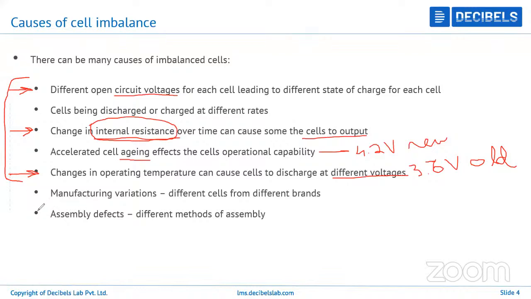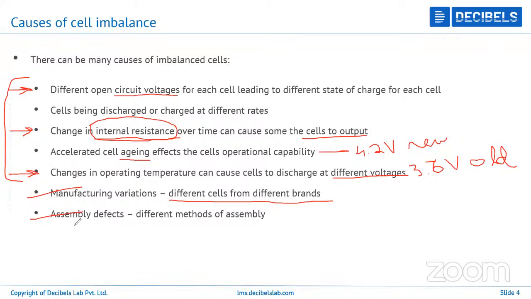Coming to uncontrolled factors, something which not much can be done about, that would come under manufacturing defects and assembly defects. During manufacturing there will be different cells from different brands being manufactured, and the manufacturing processes implemented to assemble and manufacture the cell could vary a little bit, and that can cause small changes in the internal portions of the cell.